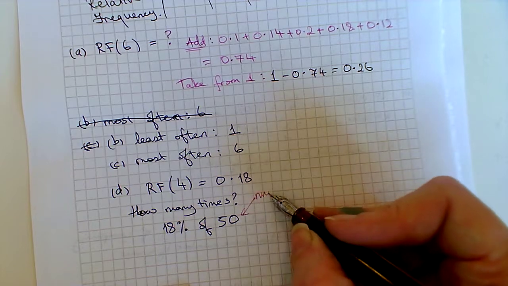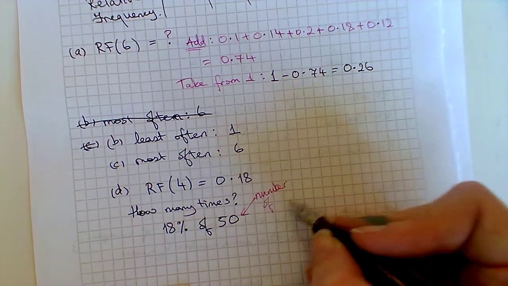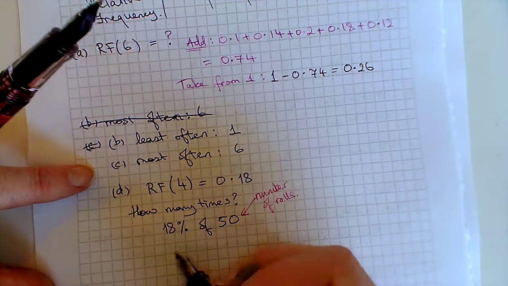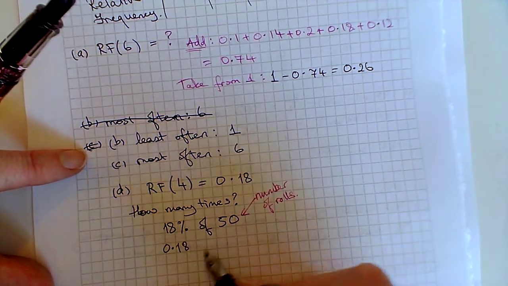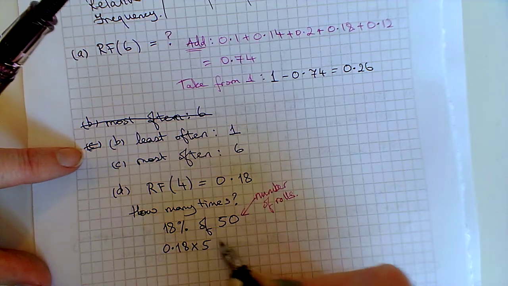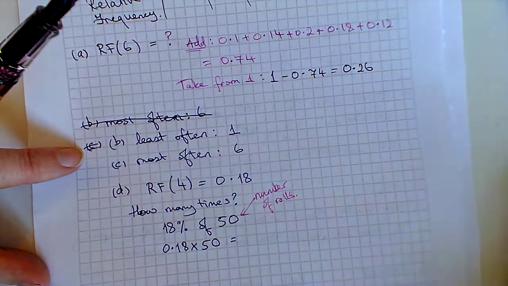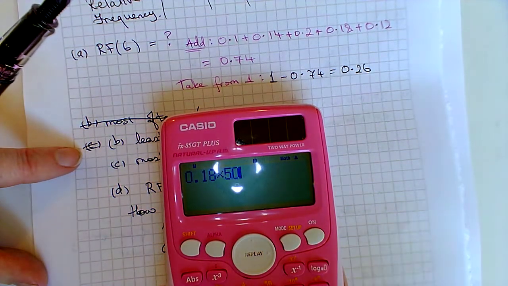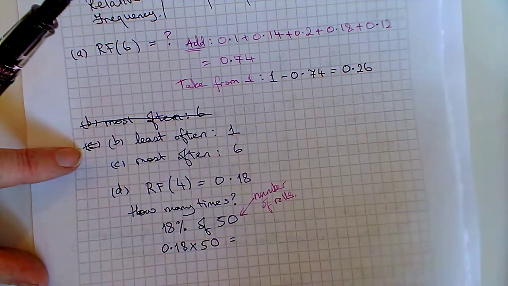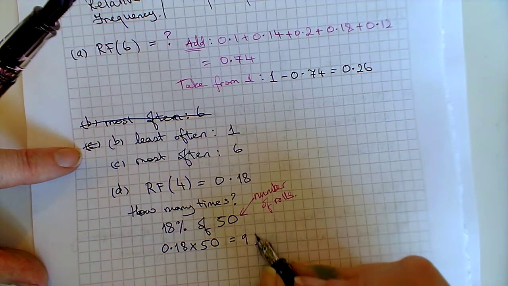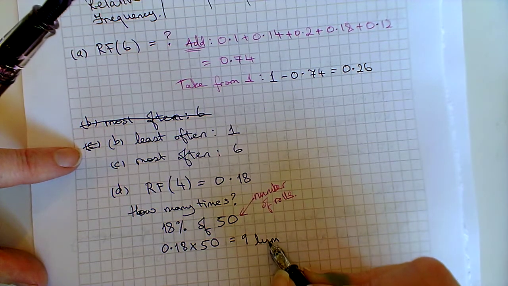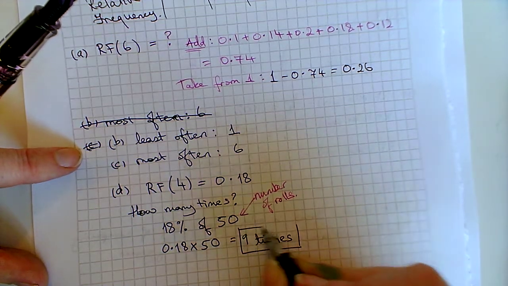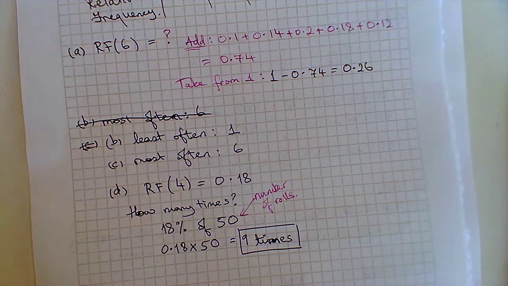That was the number of times we rolled the dice. So getting 18% of 50, it's 0.18, or 18 over 100 multiplied by 50. Remember, in maths, of means multiply. So we do 0.18 multiplied by 50, and we get 9. We get 9 times. The number 4 occurred 9 times.